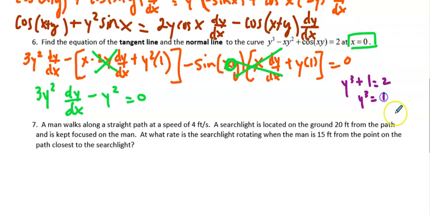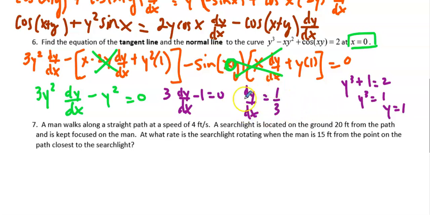So y cubed is equal to 1, which means y is actually equal to positive 1. Then we plug back into here and get 3 dy dx minus 1 is equal to 0. And so dy dx is equal to 1 over 3. This is the slope of the tangent line.